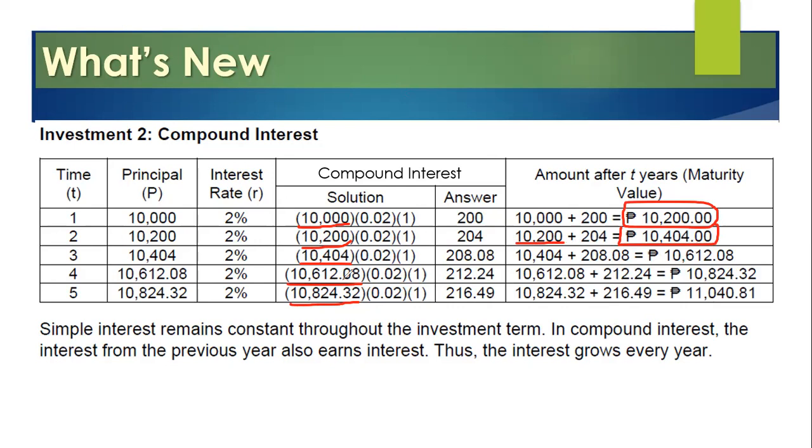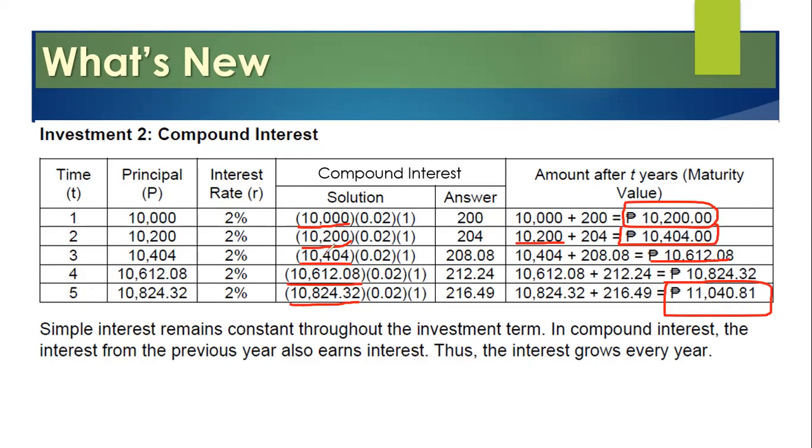Yung 10,612 naman na yun na rin yung gagamitin dito sa pag-compute ng sa susunod na taon. Okay? So, mag-i-interest yon, so on and so forth. Hanggang after ng 5 taon, ito na ang naging pera ko. So, 11,040 pesos, 0.81 centavos. Okay?